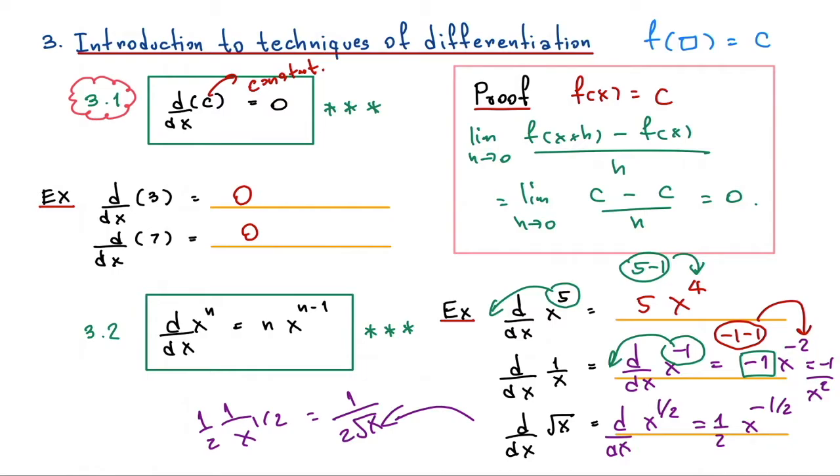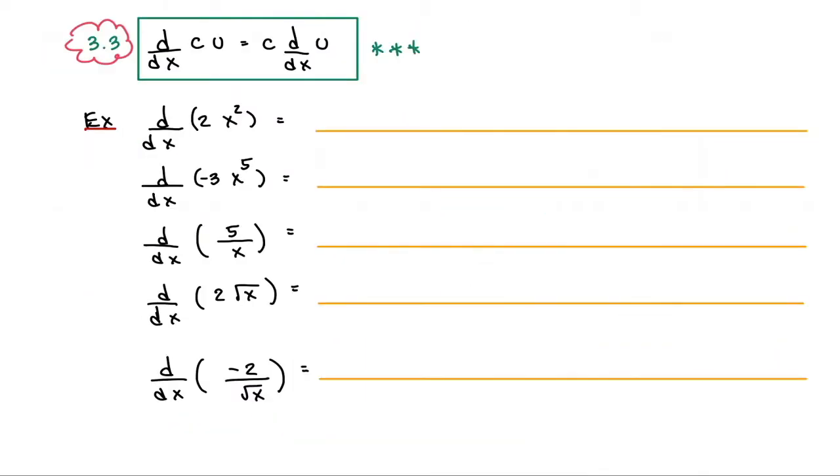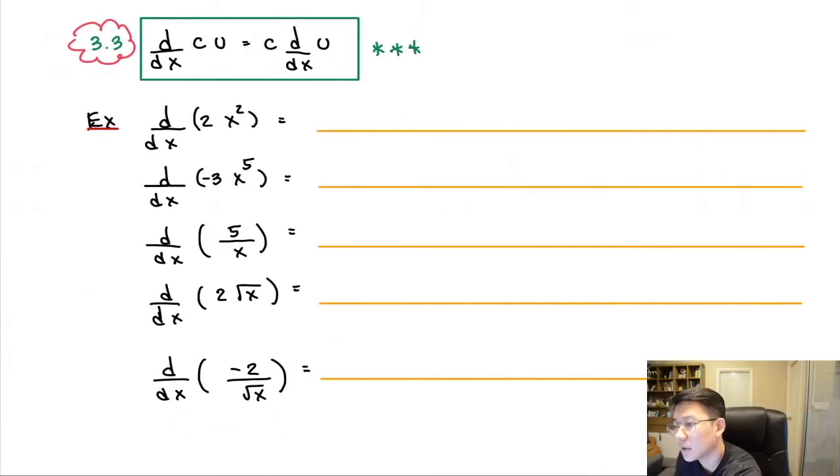Make sense? So we have two properties. The first one is that the derivative of a constant is 0. The second is that the derivative of x to the power of n is n x to the power of n minus 1. The next property is the derivative of c times u, when c is again a constant.